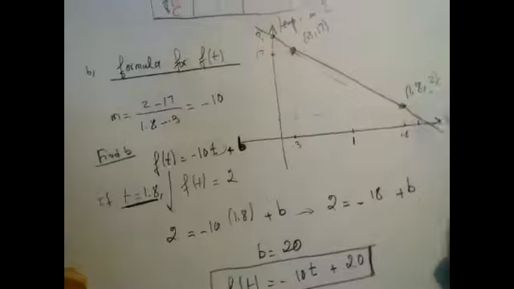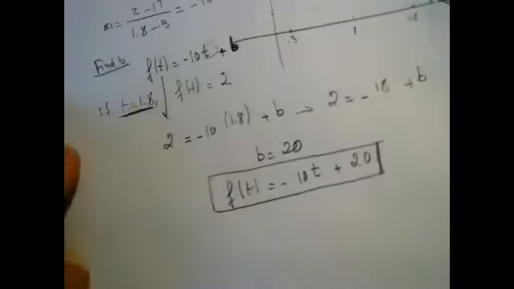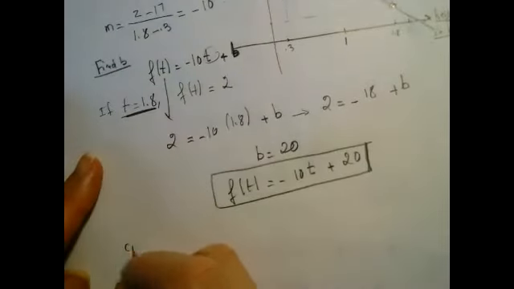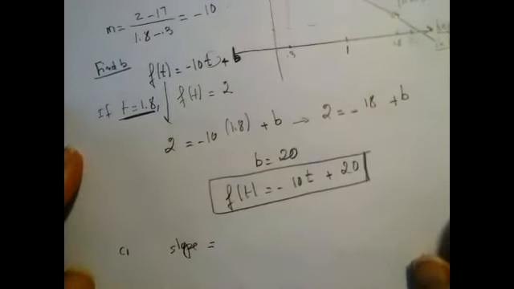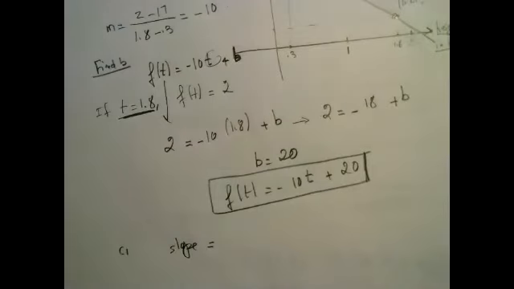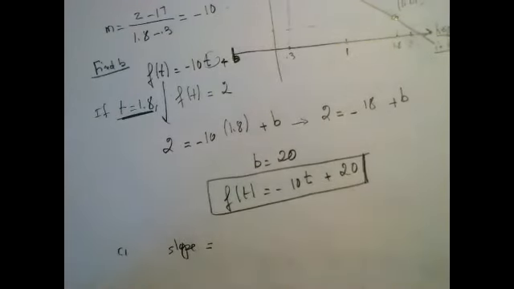Very good. So question number C now is identify the slope, give it unit. Okay, slope. What's the slope? And what's the unit of the slope? Quickly, guys, we don't have a lot of time.